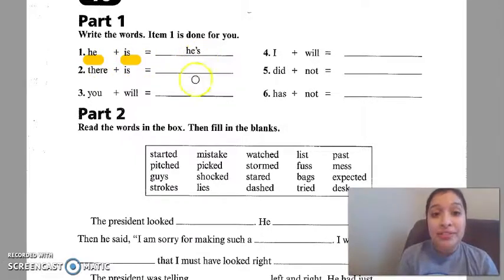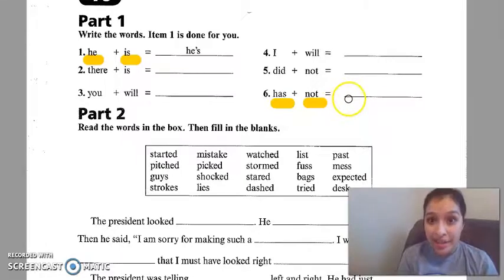So you guys have to figure out what are the contractions for these words. Let's do the last one, number 6. We're going to do has. What word? Yes, has. And not. What word? Awesome. So we're going to be doing this part. So think really big.